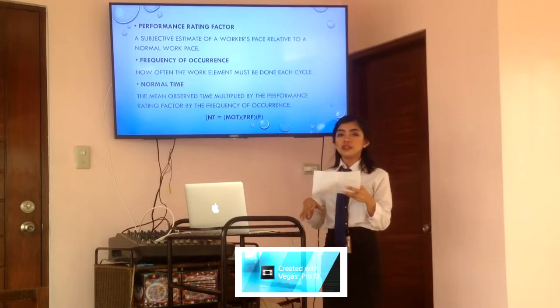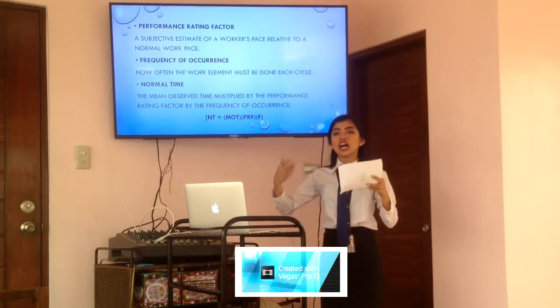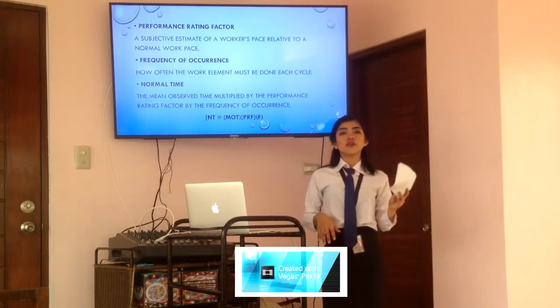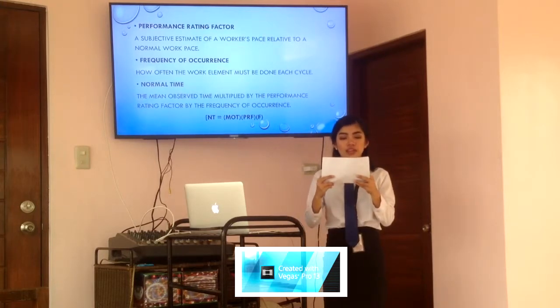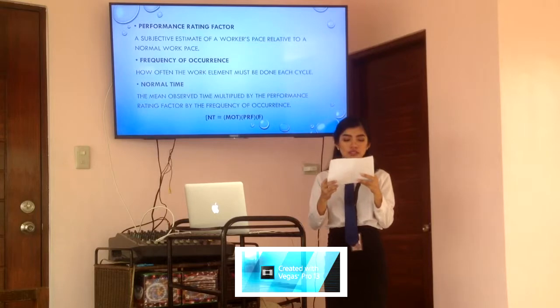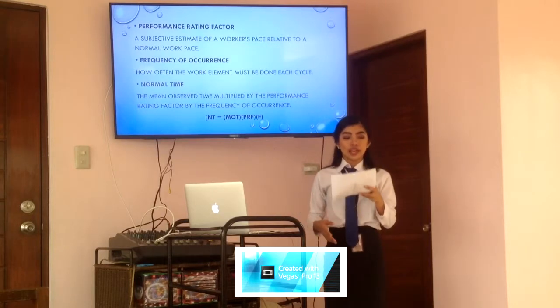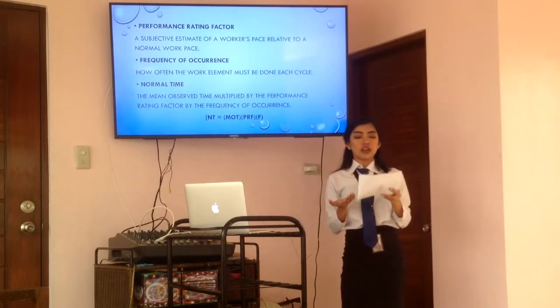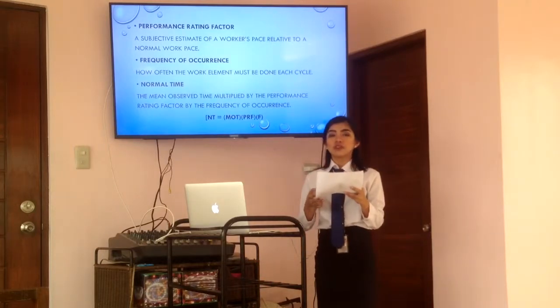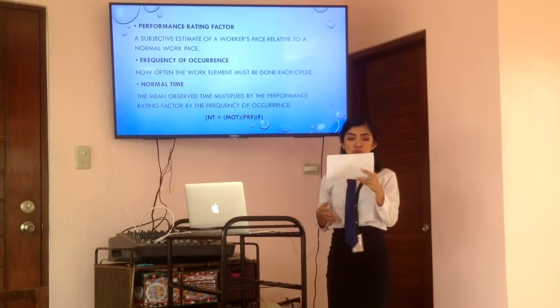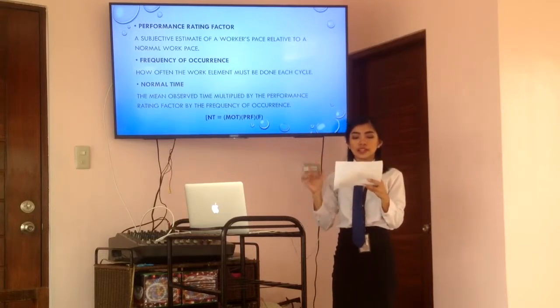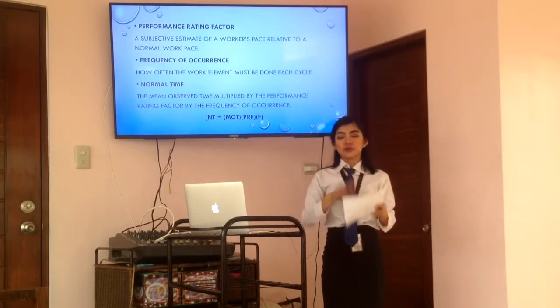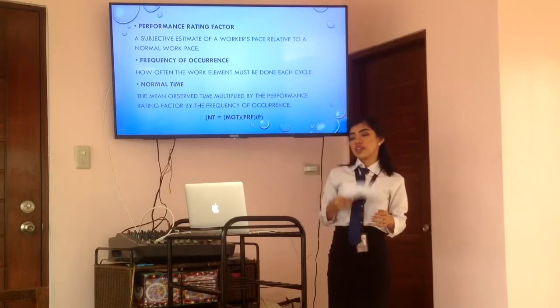If the element is done every other cycle, the frequency of occurrence is 0.5. If the element is done every 5 cycles, the frequency of occurrence is equal to 0.2. Dividing 1 by the number of cycles between occurrences is how you get the frequency of occurrence.